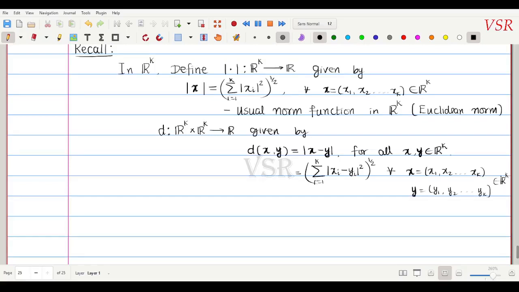This is a metric function, a metric on R power k. இது வந்து ஒரு metric. Okay, and it is called the usual metric அல்லது Euclidean metric.